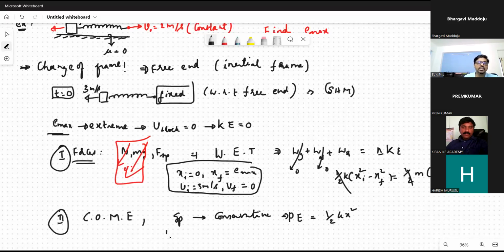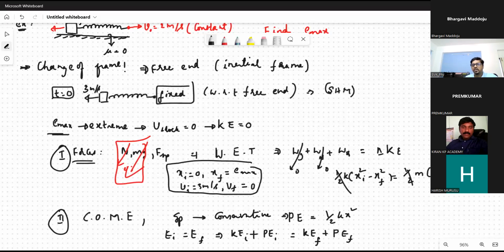In that case, initial energy equals final energy. We can write that initial kinetic energy plus initial potential energy equals final kinetic energy plus final potential energy.